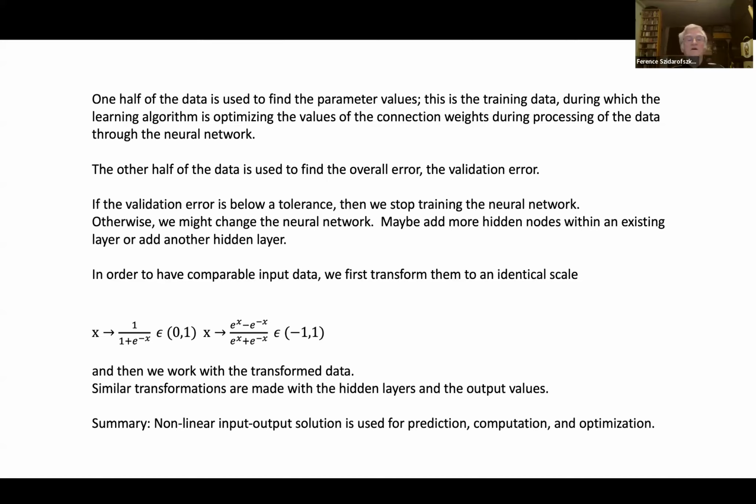And if x is 0, you get 1/2. And if x goes to negative infinity, then it is e to the positive infinity, which is infinity, and 1/infinity is 0. So in the two extreme cases, it goes to 0 or 1, and in between these two values. Very similarly, it can be shown that the values of this transformation are always between -1 and +1.